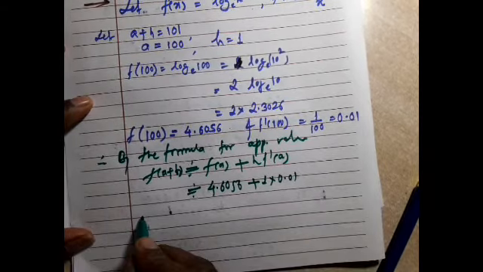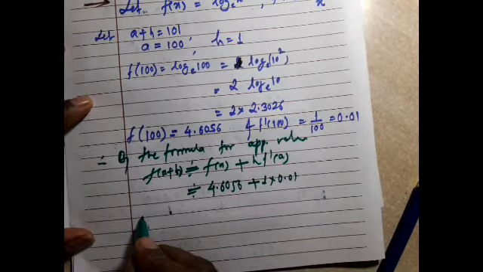Now you know that, as I told you earlier in previous example, to find a logarithm derivative, base must be e. So it is given, let f of x is equal to log x to the base 10. So we should change the base. It is log x to the base e divided by log 10 to the base e.